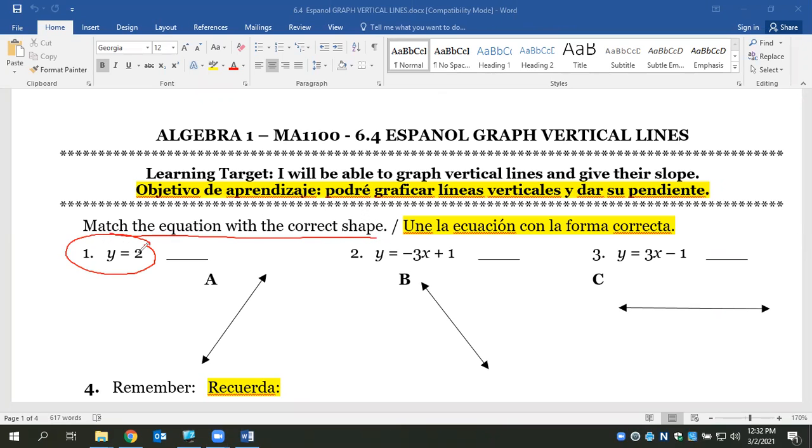Okay. Y equals 2. Now we know that the slope intercept form is y equals mx plus b. So we have the y, we have the equals, and then we have a 2.